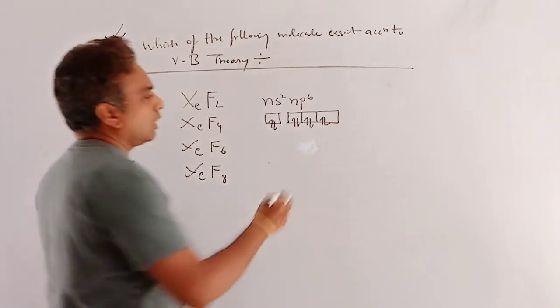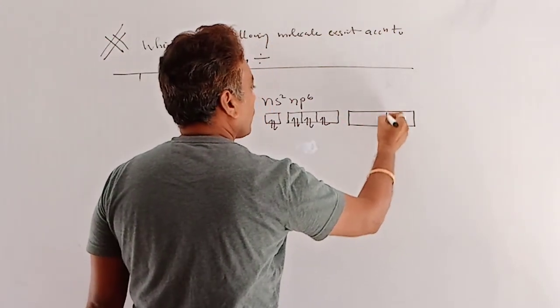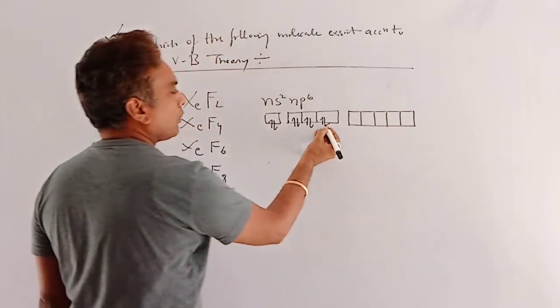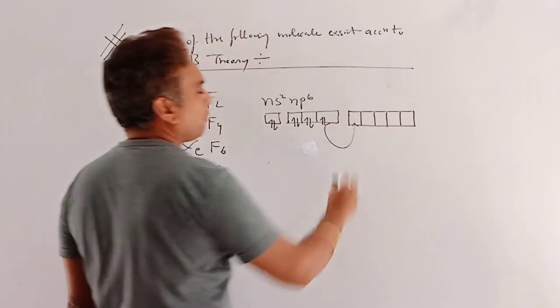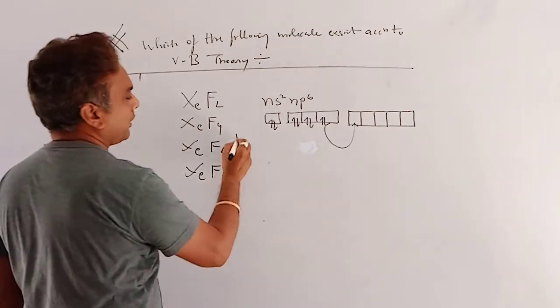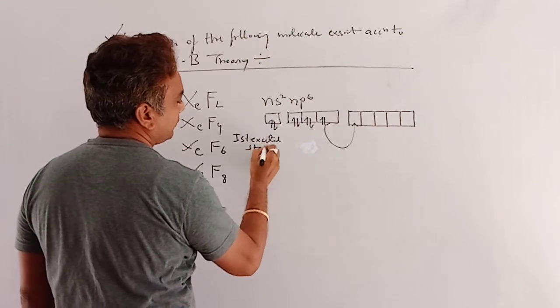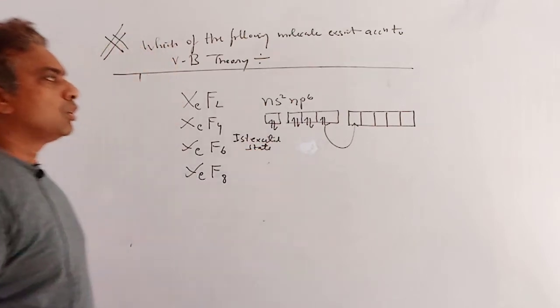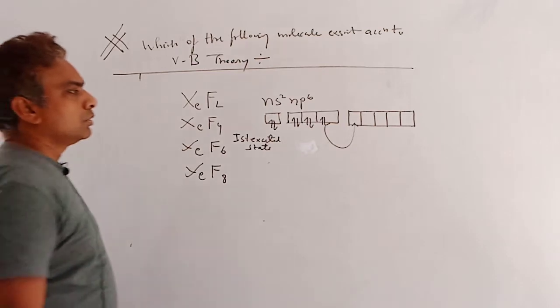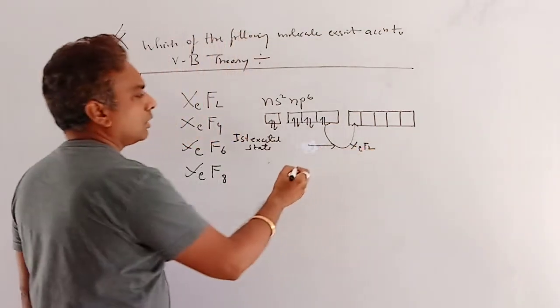But only in case of xenon, after absorption of energy, the p electron jumps from p to the vacant d subshell. So in first excited state, 2 electrons are unpaired, so XeF2 is formed.